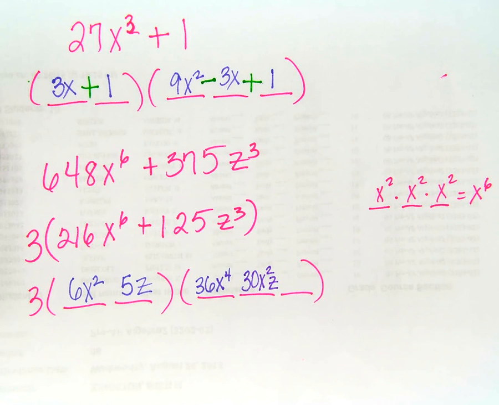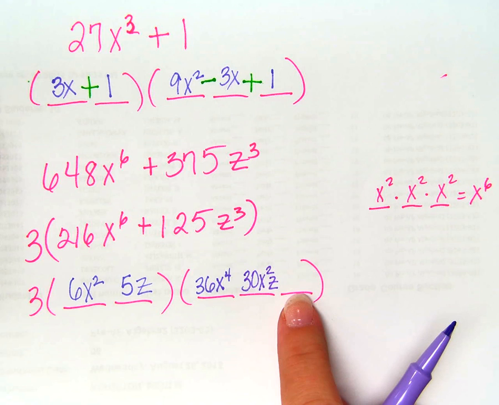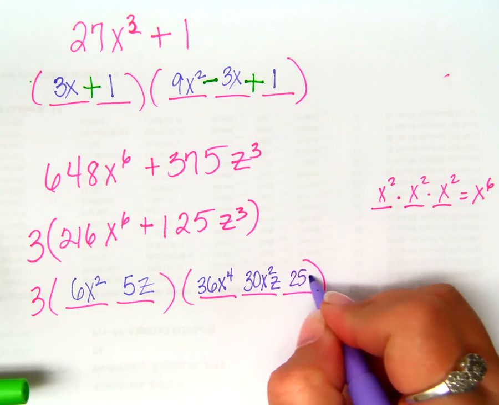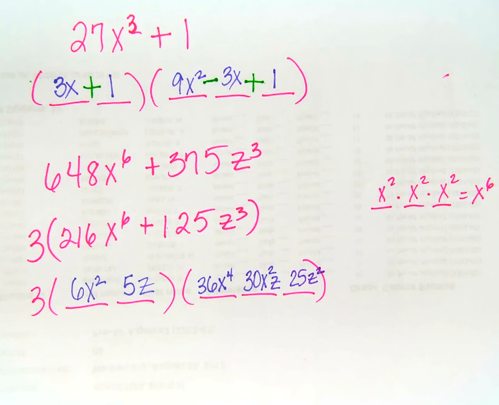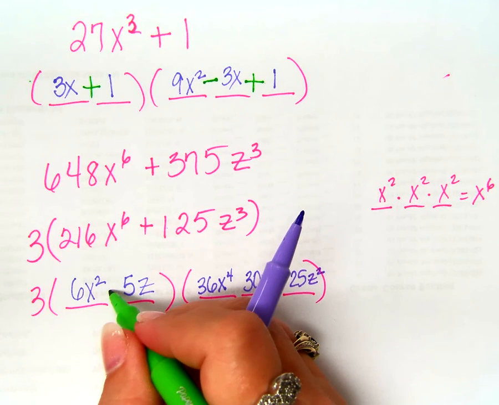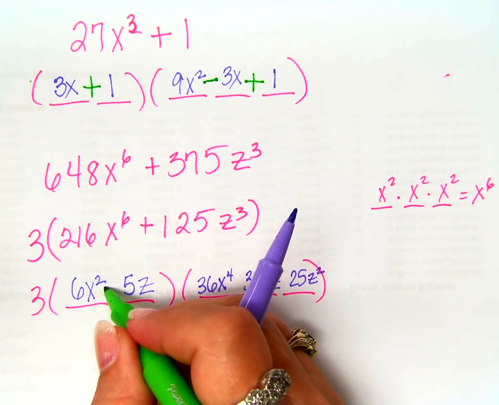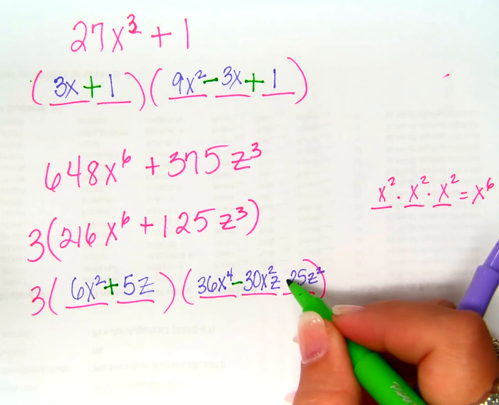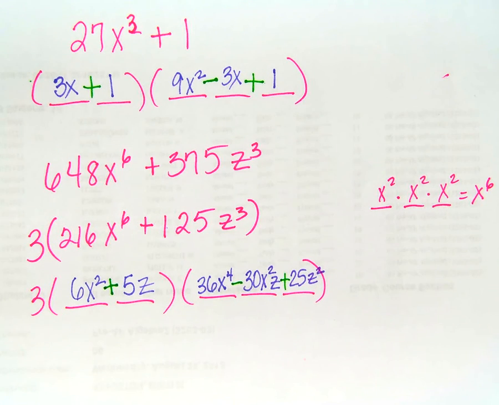Good. Last term of the trinomial? Yeah, very good. 25z squared. Signs. What goes here? Plus, minus, plus. Questions?